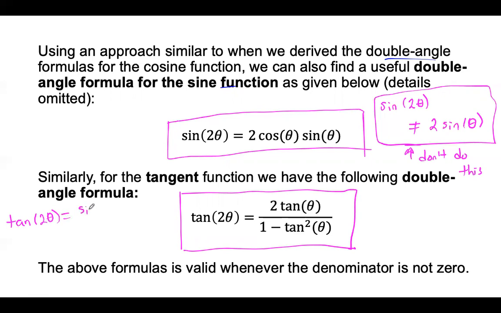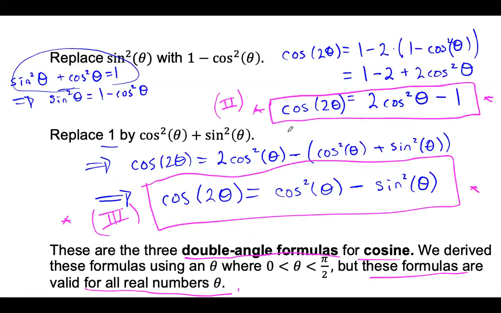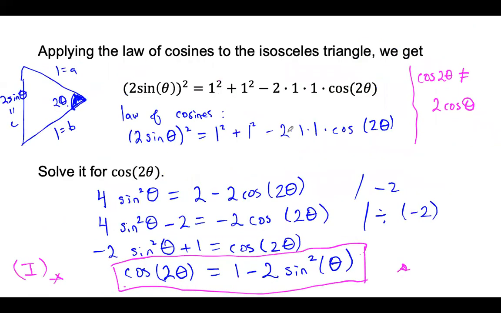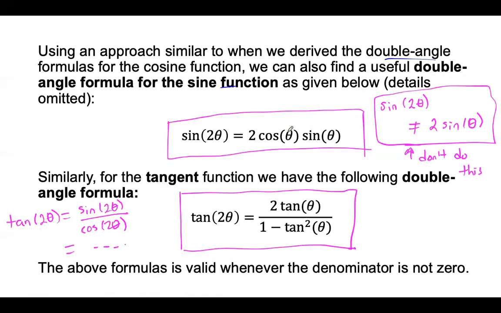We do sine 2 theta divided by cos of 2 theta, and so on, and you get this. So we have sine of 2 theta up here, and you take the right cos, and you will eventually get the same answer as this.